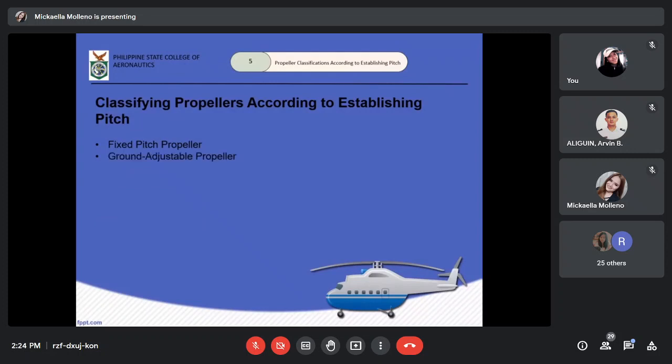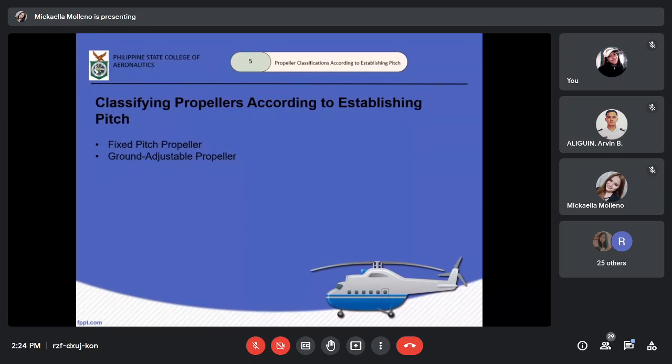So, next is ground adjustable propeller. Same lang sila ng idea ng fixed pitch in a way na hindi mababago yung blade angle natin while in flight. Only difference is, as the name implies, blade angle can be changed only on the ground by the use of clamping mechanisms.